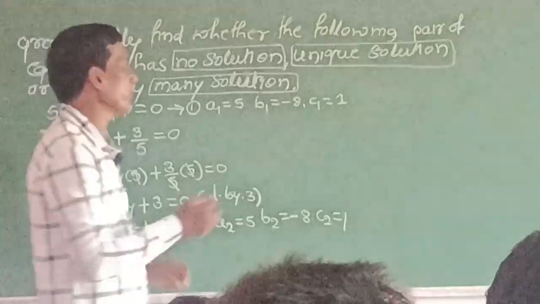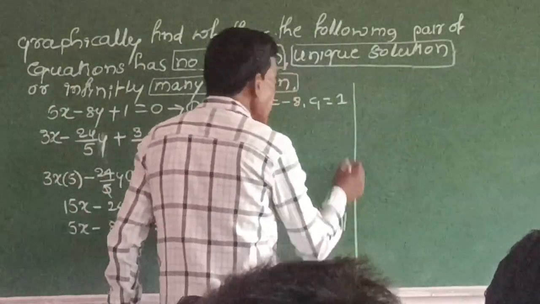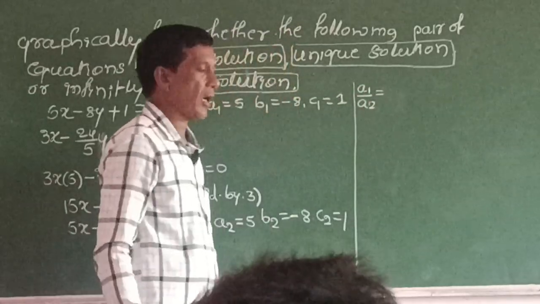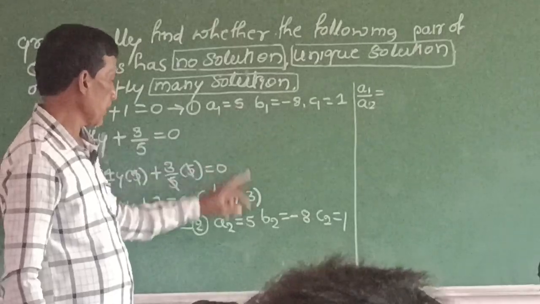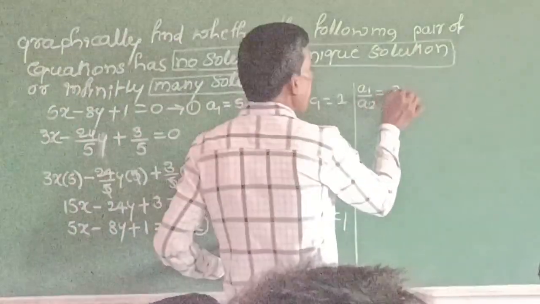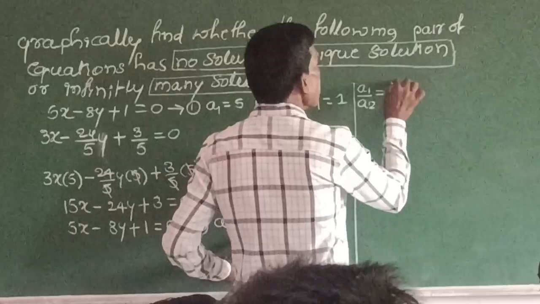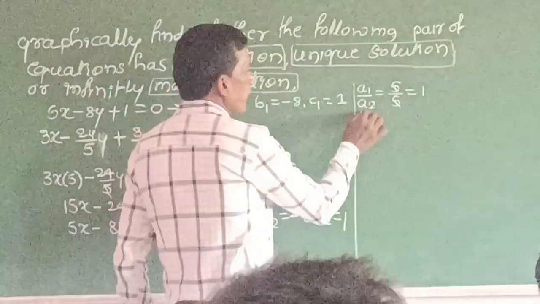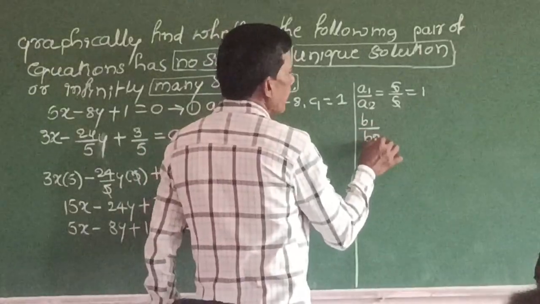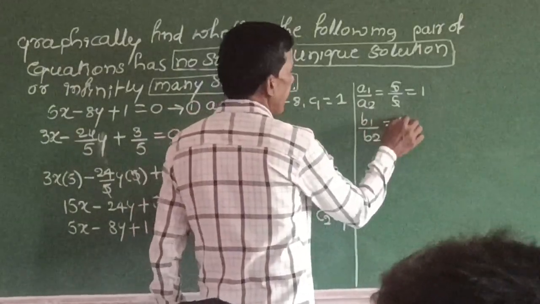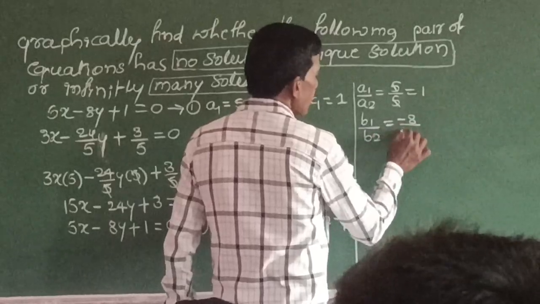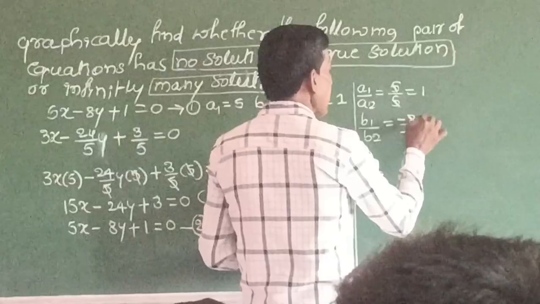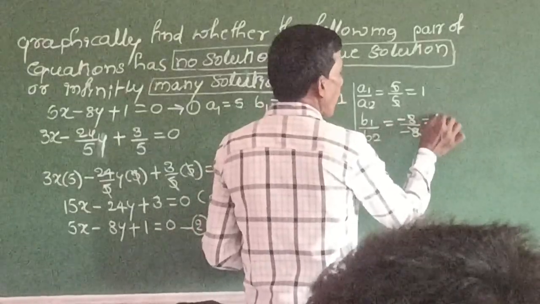First, a1 upon a2: a1 is 5, a2 is 5, they cancel, the answer is 1. Next, b1 upon b2: minus 8 upon minus 8, cancel, answer 1.